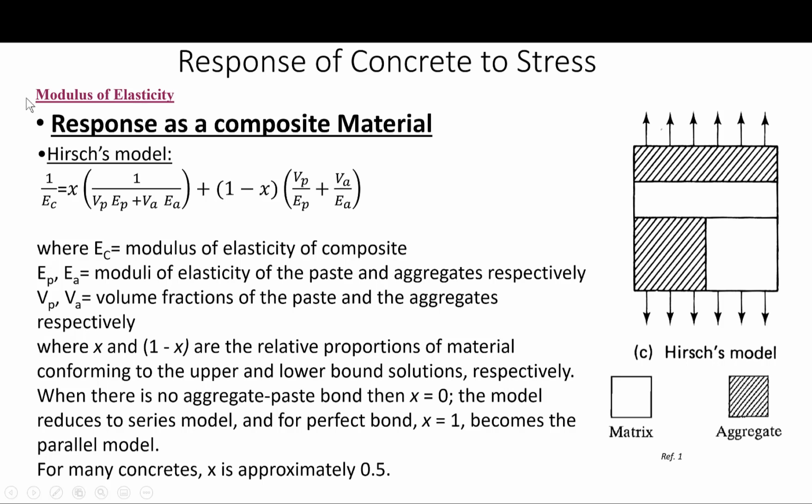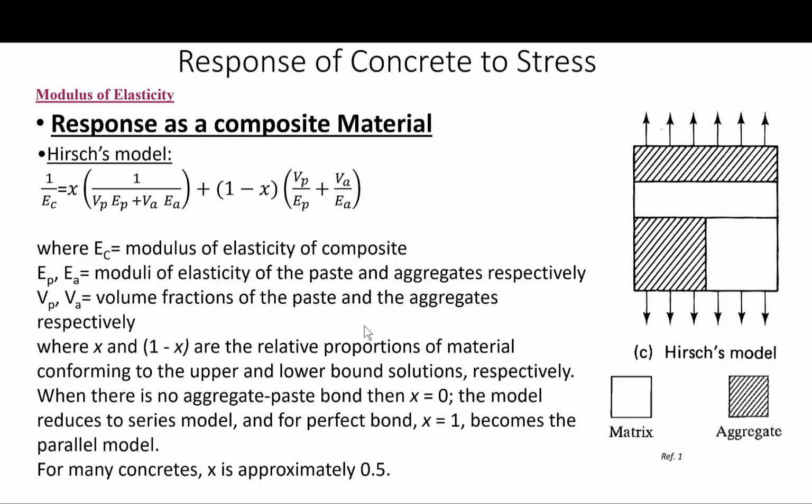As you can see here, all these terms were defined before, and we said x and 1 minus x are the relative proportions of the material conforming to the upper and lower bound solutions. When x equals 0, the model reduces to the series model, and for perfect bond, x equals 1 becomes the parallel model. But as I said, for many concretes, x is approximately 0.5.